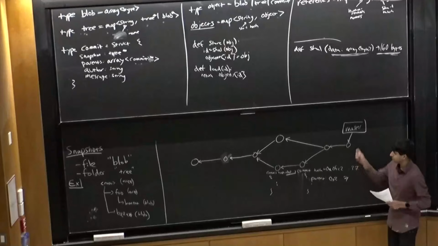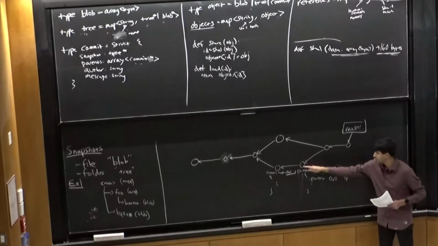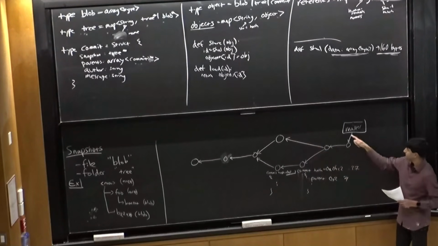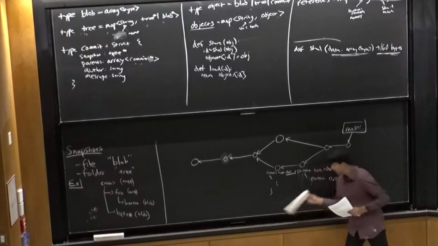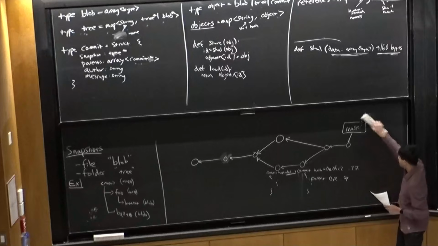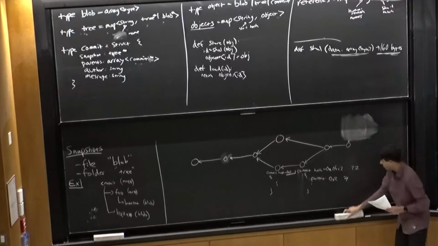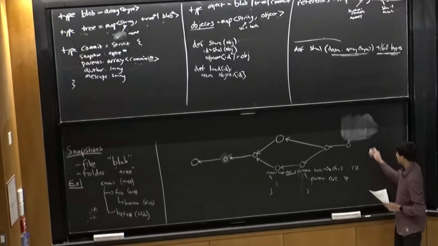So in this diagram, I'm introducing a new type of thing. These are commits, these are parent relationships, and what I'm writing in this rectangle here is a reference that's pointing to this commit. And the idea is that as you develop your software, maybe you will add a new feature, and now you introduce a new commit.